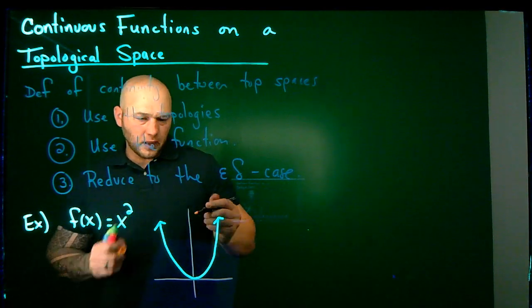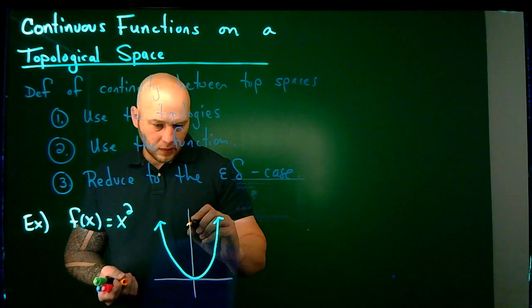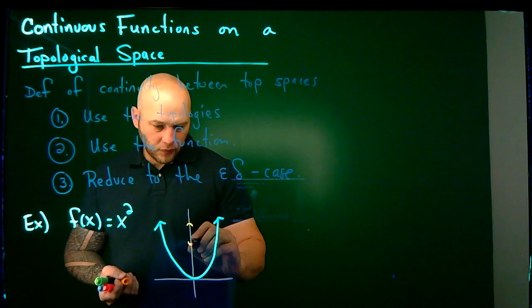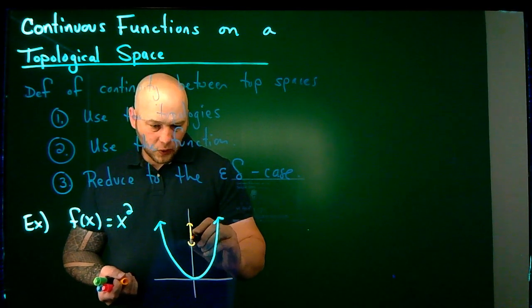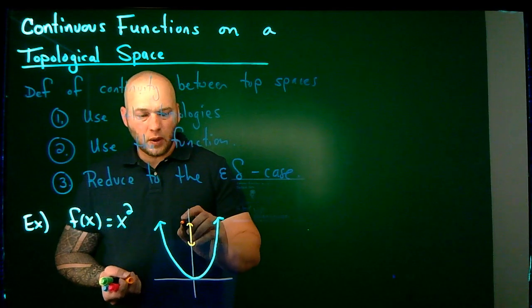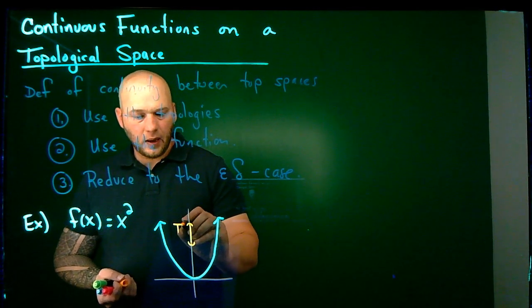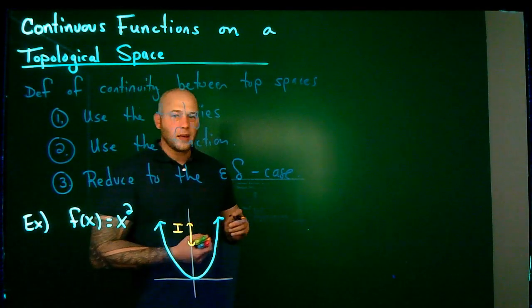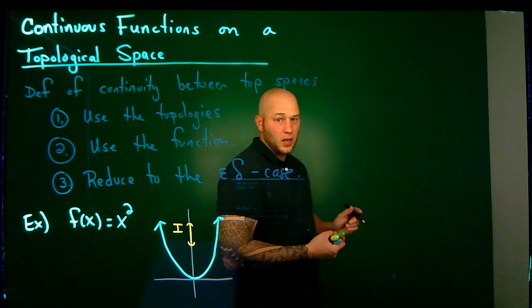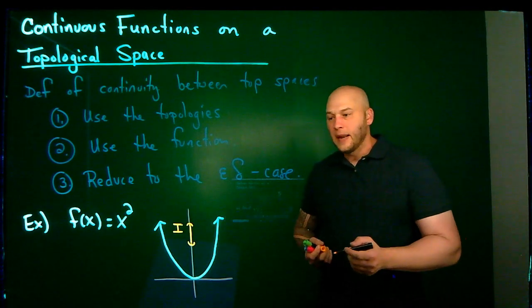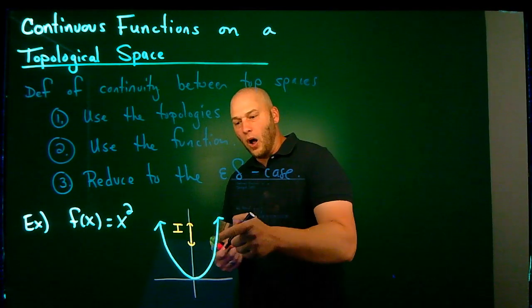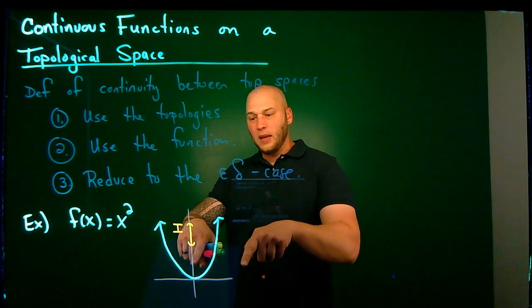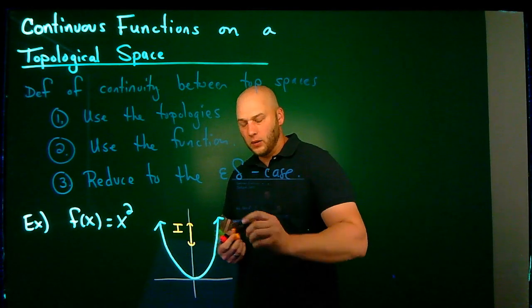I want to take a look at an open set. In other words, more specifically, an open interval in the range. So I'm going to call this set I. So I is going to be that open interval in the range of the function. Now let's look at all the elements of the domain that map to those y values.